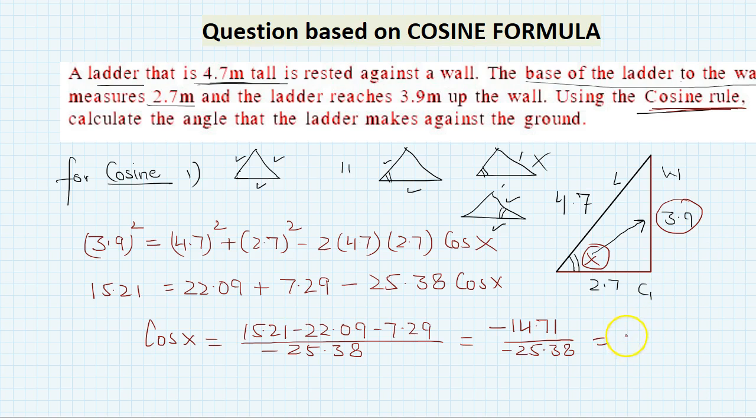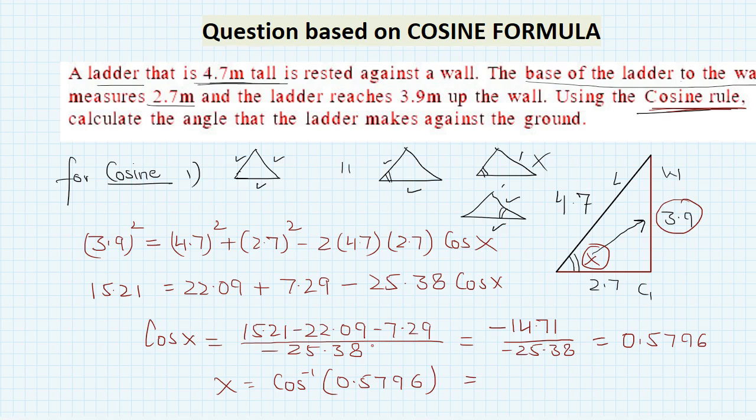If you calculate, this will be 0.57959. Let's say up to 4 decimal places. So x will be cos inverse 0.5796. Make sure when you calculate this, it is in degrees. Your calculator must be on degree and not on radian or gradient. So we have to find the cos inverse answer.